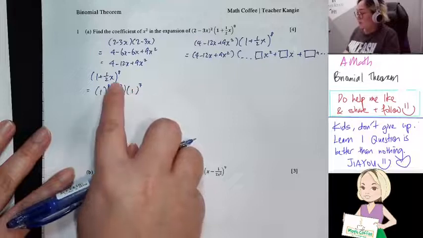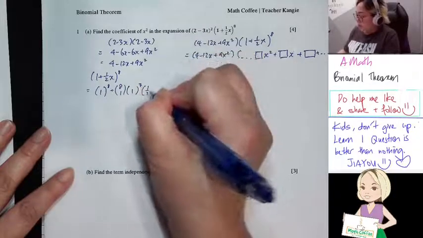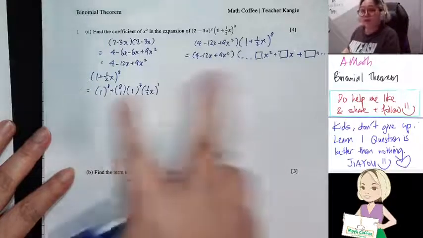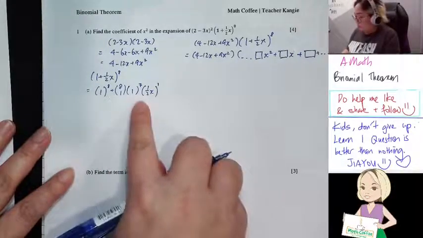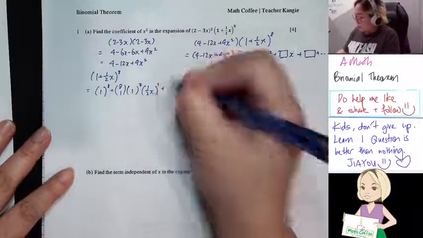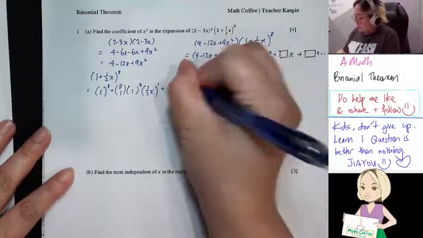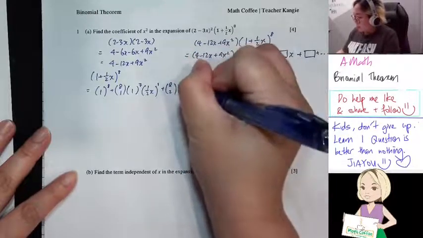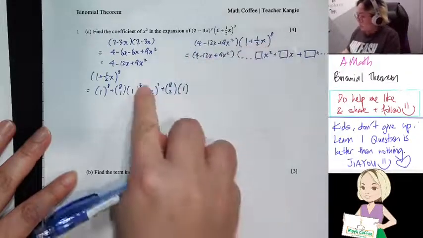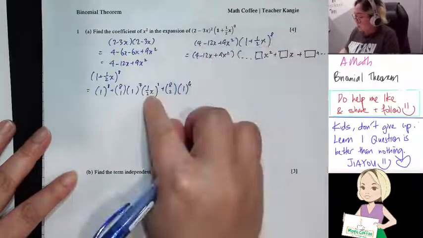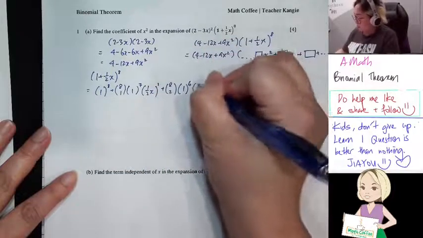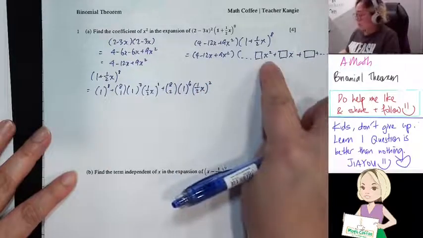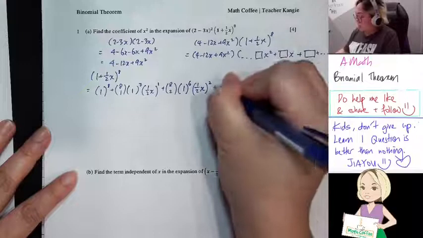Then the b comes in now, so half x to the power of 1. I only want the first 3 terms. So it will be 8C2, then after that the a will be 1 to the power of 6, and now the b will be power 2. And because we are only interested in up to x squared, the rest of the terms we are not interested in. So put plus dot dot dot.